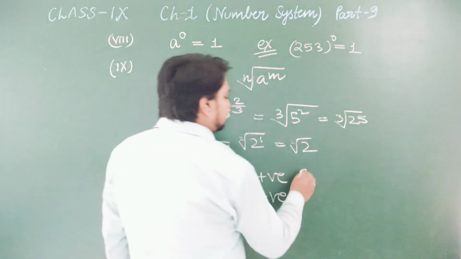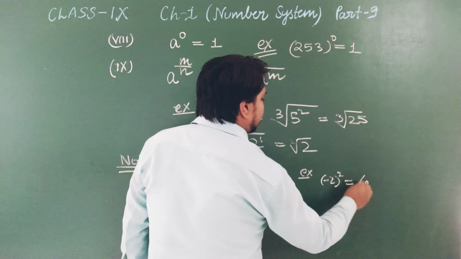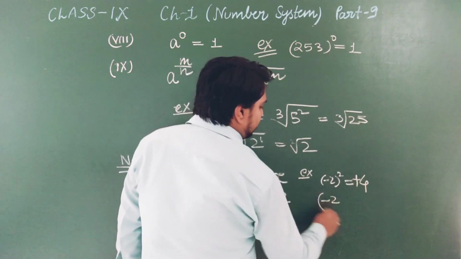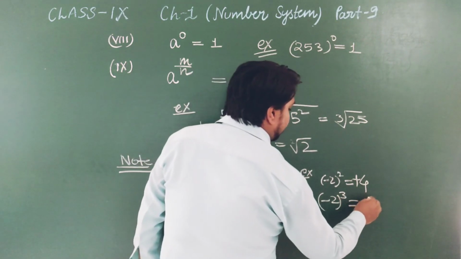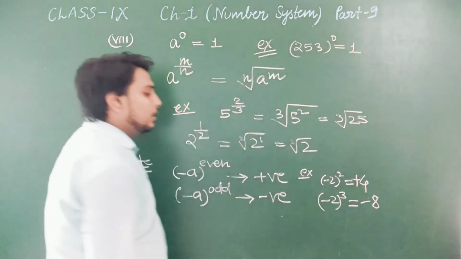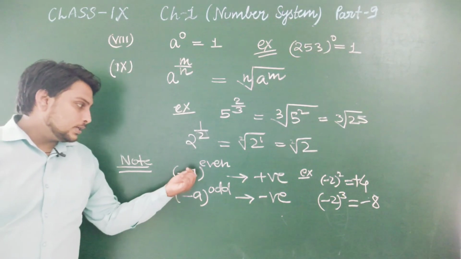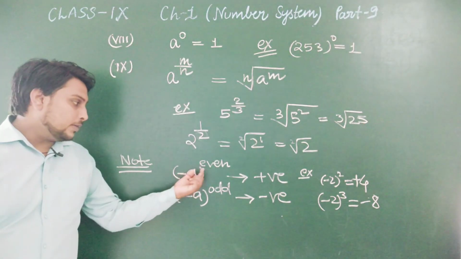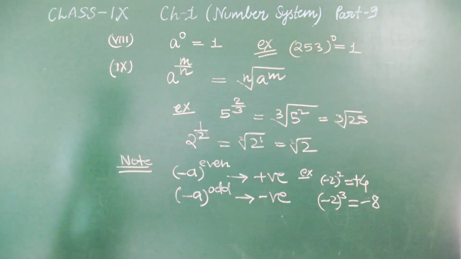For example, minus 2 to the power 2 will give you plus 4, and minus 2 to the power 3, an odd power, will give you minus 8. So if the power of a negative number is odd, the result is negative, and if the power is even, the result is positive. You can note it down.